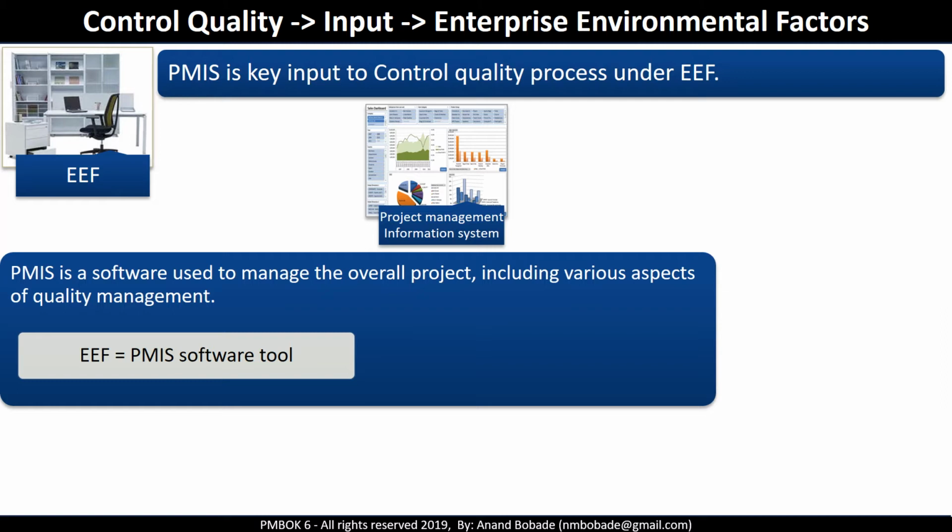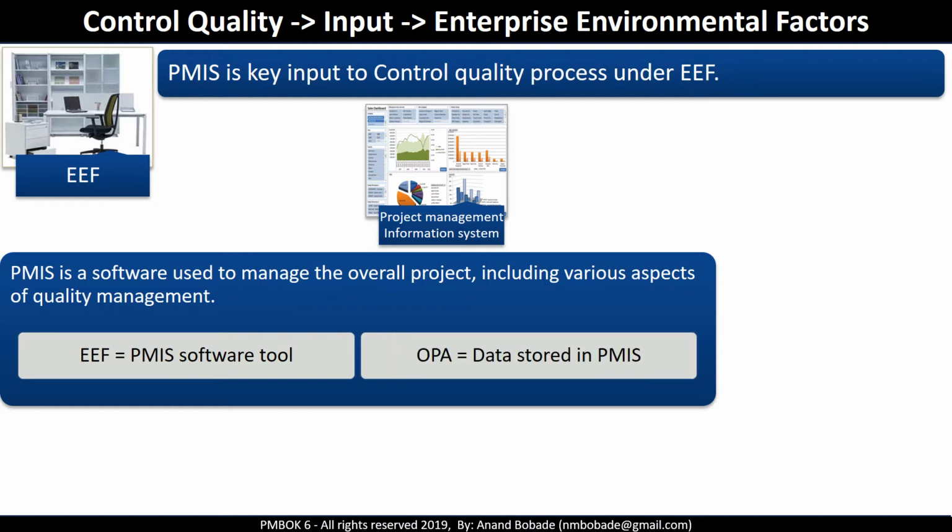Mostly it is developed by an external company and licensed to your current company in which you are executing the project. But the previous project data stored inside the PMIS will be considered an organizational process asset. So I hope this clarifies the confusion of PMIS as EEF or OPA.